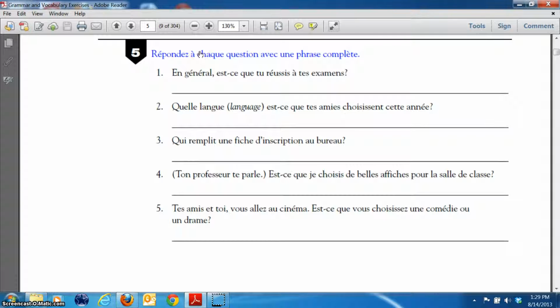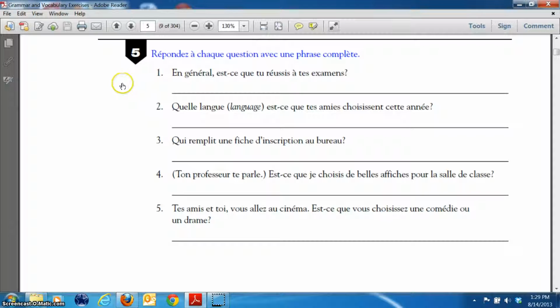Okay? All right. And again here, quelle langue est-ce que tes amis choisissent? All right. And what language do your friends choose? And again, you're talking about your friends, so you're not going to change the perspective because you're still talking about the same group of people. Okay? You're talking about your friends. You're not talking about yourself, and you're not saying you.